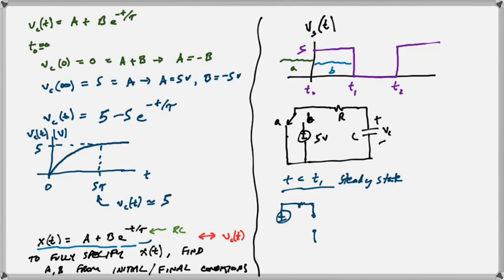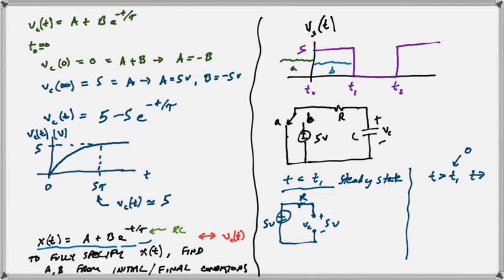Okay, so we did this, we said, okay, this is 5 volts, VC is 5 volts, and for t greater than t1, let's say that if we're calling t1 0, then let's let t approach infinity.